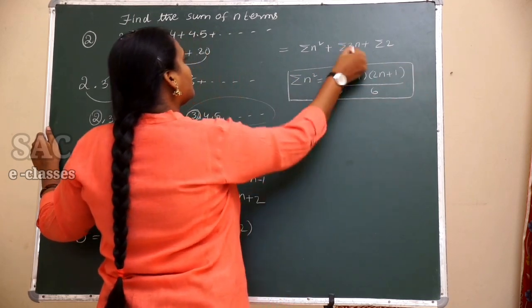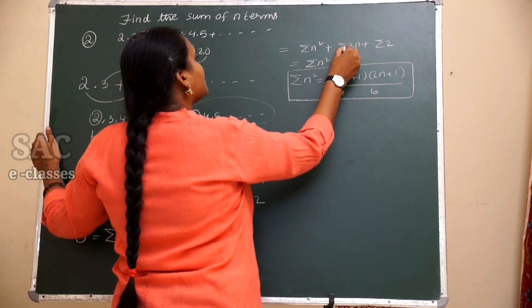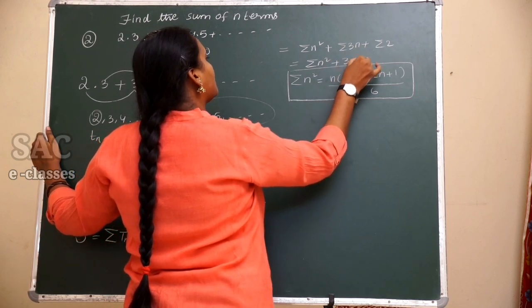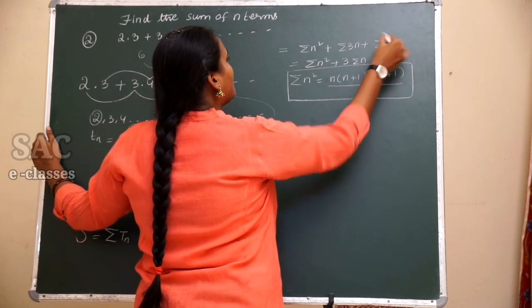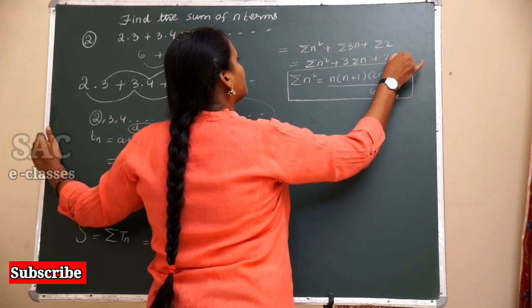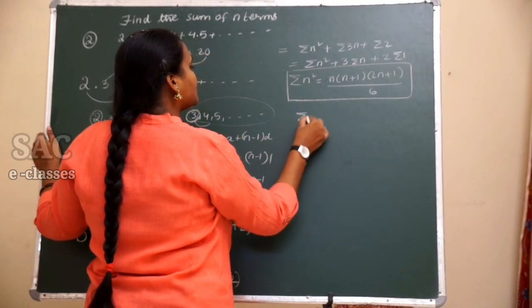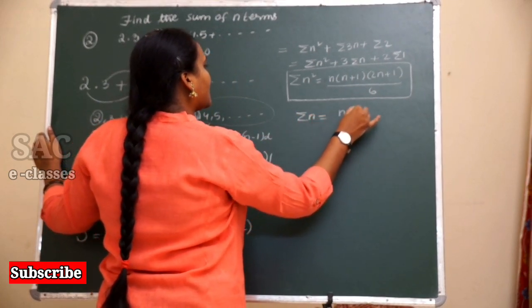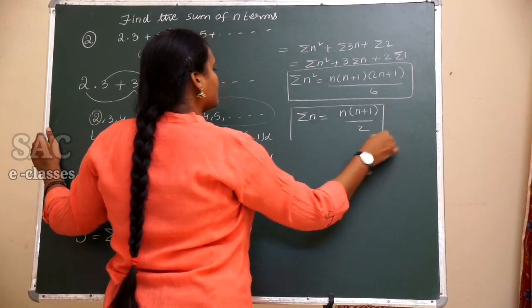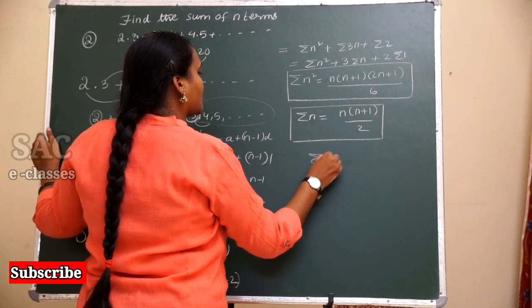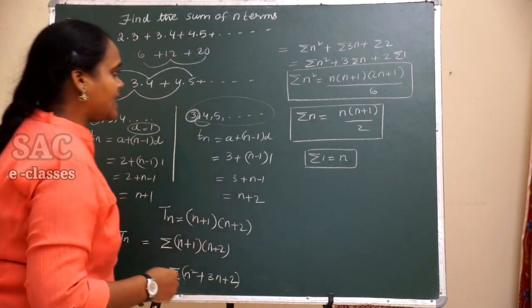Sigma 3n is 3 into sigma n, and sigma 2 is 2 into sigma of 1. The formula for sigma n is n into n plus 1 by 2. In the same manner, sigma 1 is equal to n, because 1 is added n times.